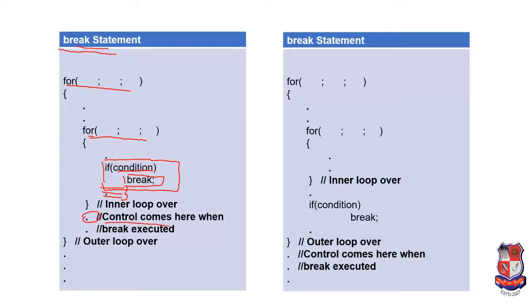You can check. But if we write the if statement inside the outer loop but outside the inner loop, over here, and the break statement is executed, then the statements after this if statement are skipped and control is given outside the outer loop, over here.